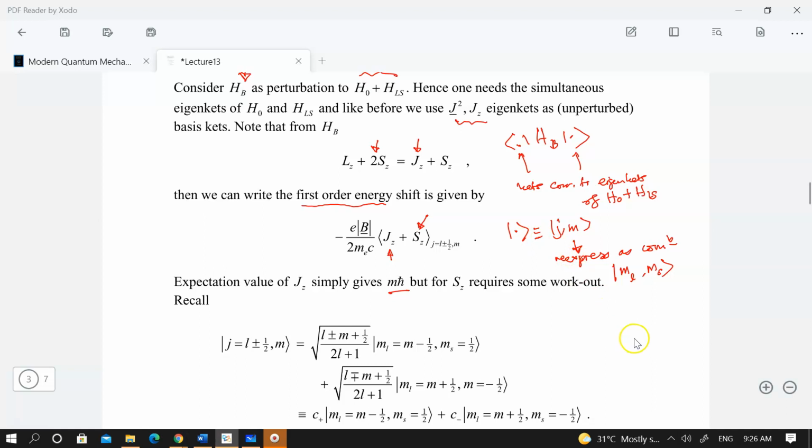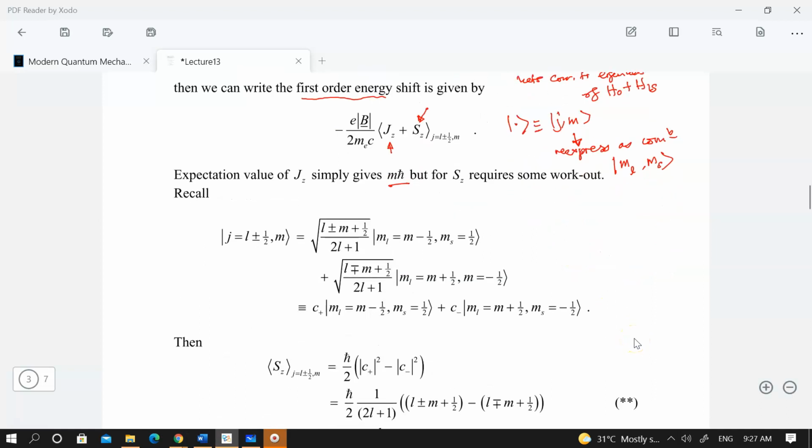So you refer back to earlier notes. The thing that we are looking at is essentially this kind of eigenket of your J, M here, where J is precisely either L plus a half or L minus a half, because your spin is just S equals a half, and then your M will depend on your value over here.